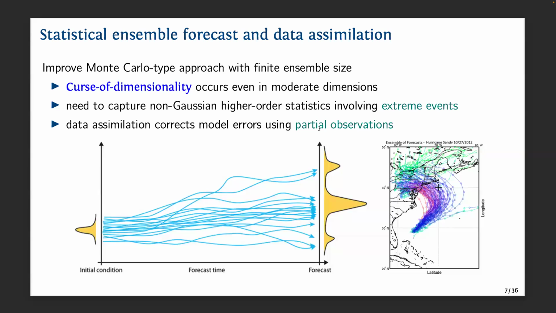And here is just to give you a practical illustration for this kind of method. That's tracking a hurricane. The realistic trajectory of a hurricane is just one deterministic result, right? But what we usually do to predict it is instead we run an ensemble simulation, and the ensemble mean will track the mean trajectory of the hurricane, and the spread or the variance of the ensemble will give us some characterization of the uncertainty in our prediction results.